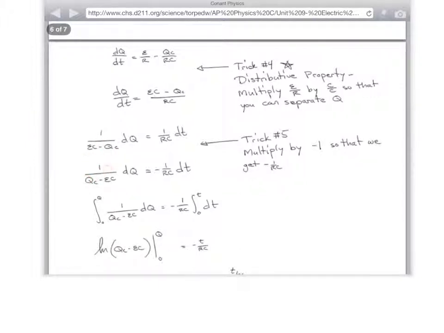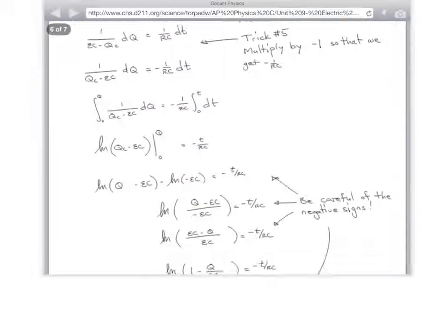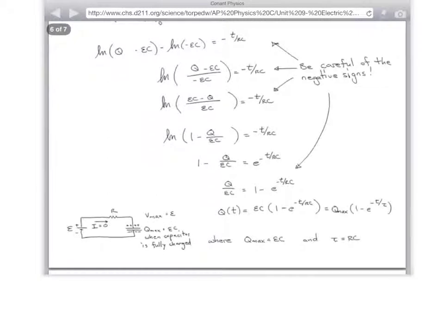Then integrate both sides and solve. And you're left with charge as a function of time equals EMF times the capacitance times 1 minus e to the -t over RC, just like we would expect with buildup. Yes, Dino?